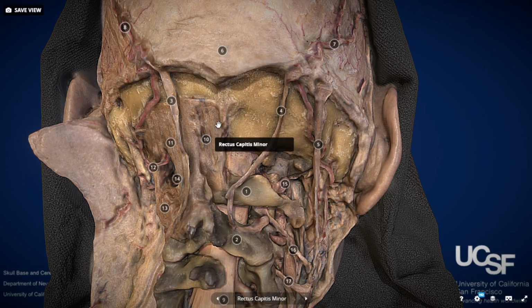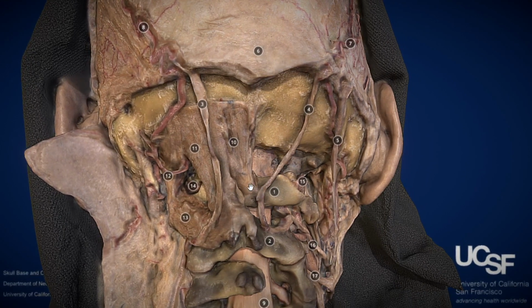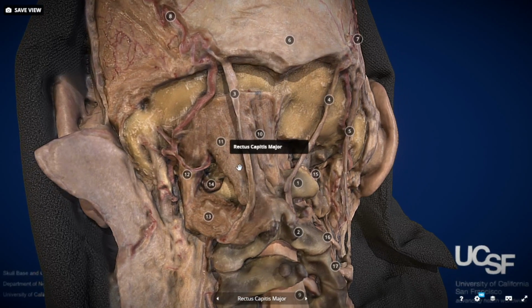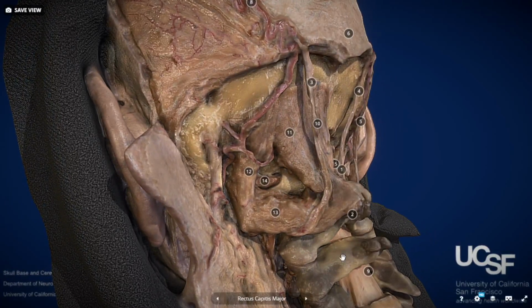What we're seeing here is the rectus capitis minor, which has a superior attachment on the inferior nuchal line and an inferior attachment on the posterior arch of C1. Laterally, we have the rectus capitis major, attaching superiorly to the inferior nuchal line and inferiorly to the spinous process of C2.